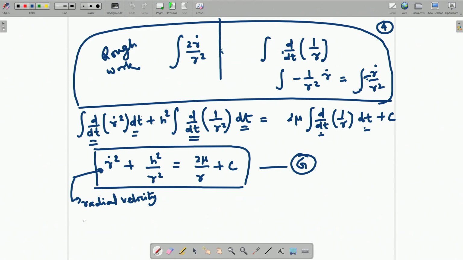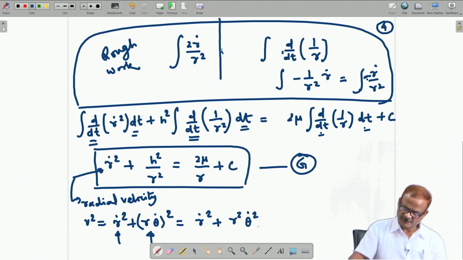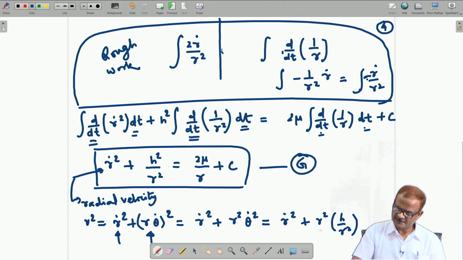So, now we have v square equal to r dot square plus r theta dot square. This is the radial velocity and this is the normal velocity, as we have discussed earlier. So, this is r dot square plus r square theta dot square. Okay. And here we can replace theta dot by h by r square, the expression we have used earlier.